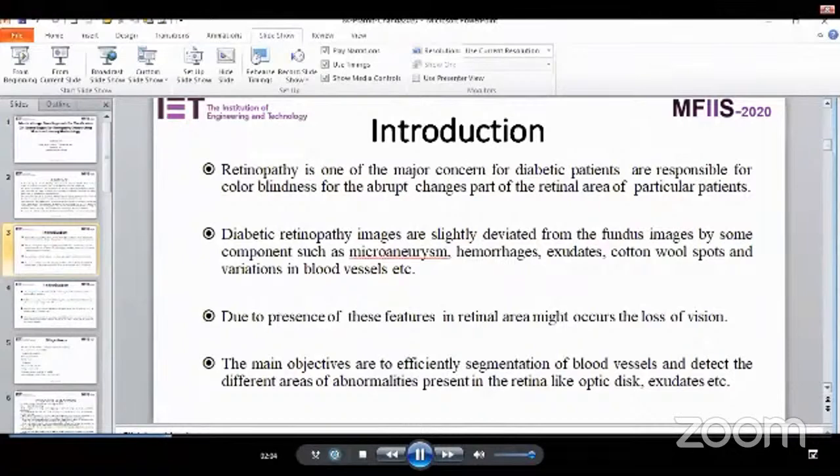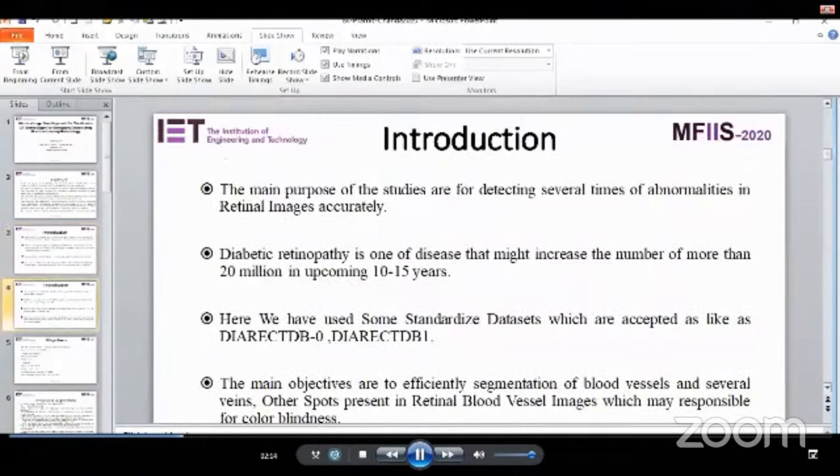Due to the presence of these features, the retinal image area might cause the possibility of loss of vision for the patient. The main purpose of the work is to detect the several abnormalities present in the retinal images or not, and in the future, almost more than 20 million people can be affected by diabetic retinopathy in the upcoming 10 to 15 years.